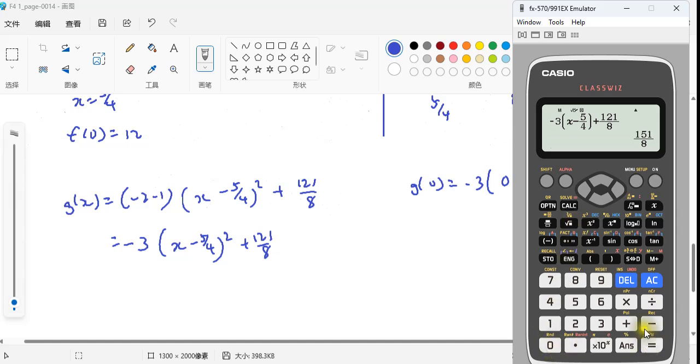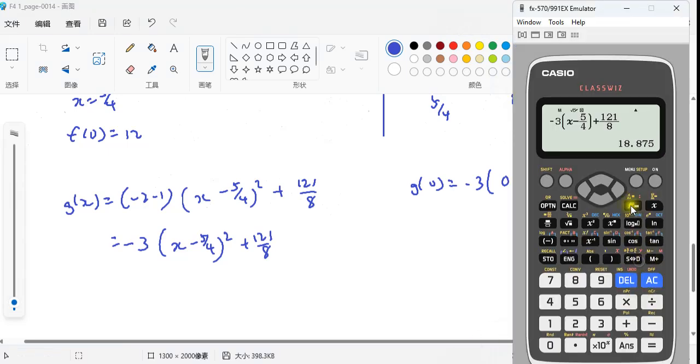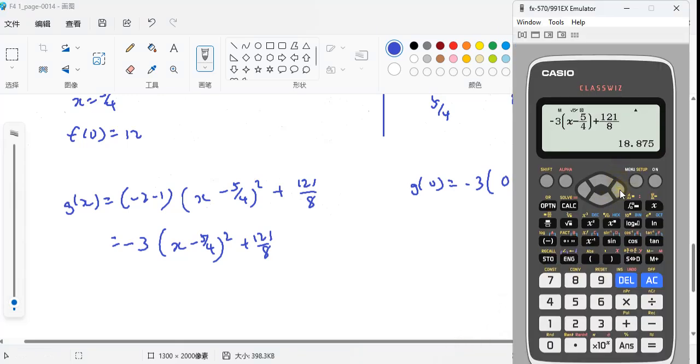Substitute with 0, then it's 151 over 8. 151 over 8 is actually 18.875. No. Negative 3 times (x minus 5 over 4) squared plus 12 and 1 over 8.